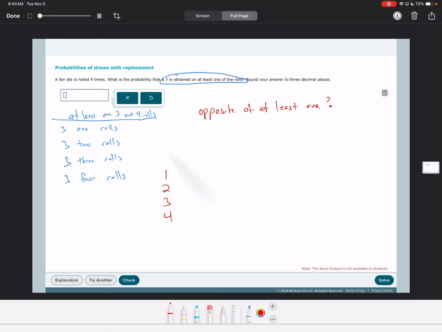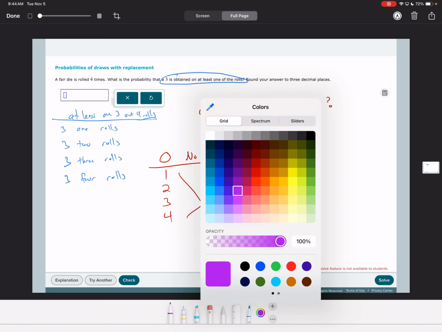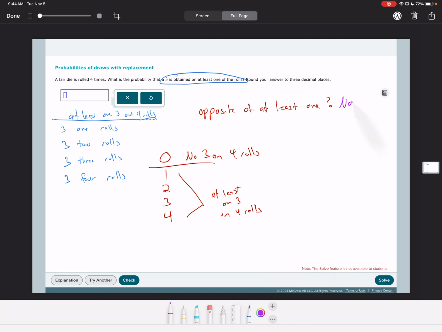It's actually a 3 on none of the rolls. So this accounts for at least 1 three on 4 rolls, and this would be no 3s on all 4 rolls. So none is actually the opposite of at least 1, if that makes any sense.